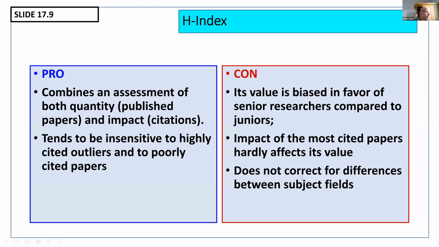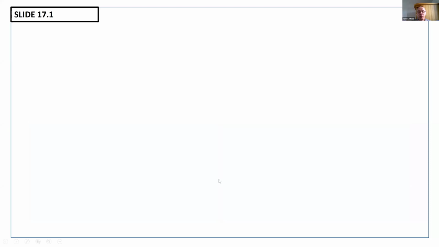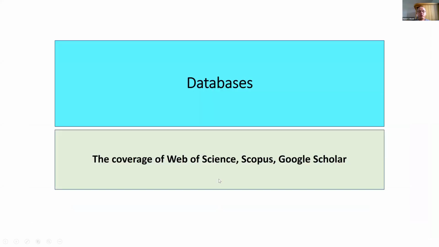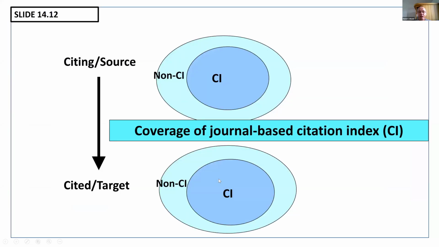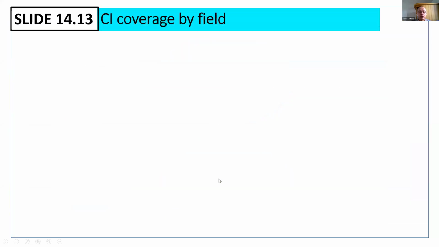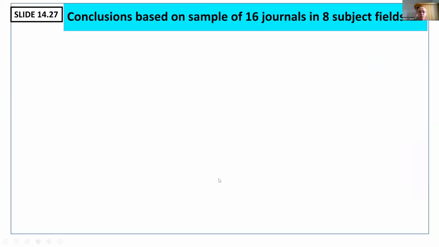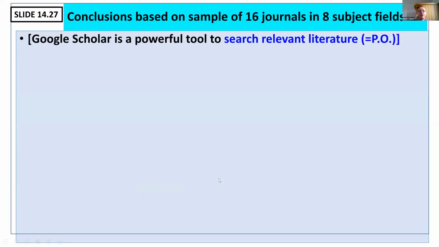I don't have the time to make a full list, but in my book I give an overview of the important pros and cons of the various indicators. Last but not least, I don't have much time, so I have to skip a lot of work, but I just wanted to mention one particular outcome as regards databases, and that relates to Google Scholar.